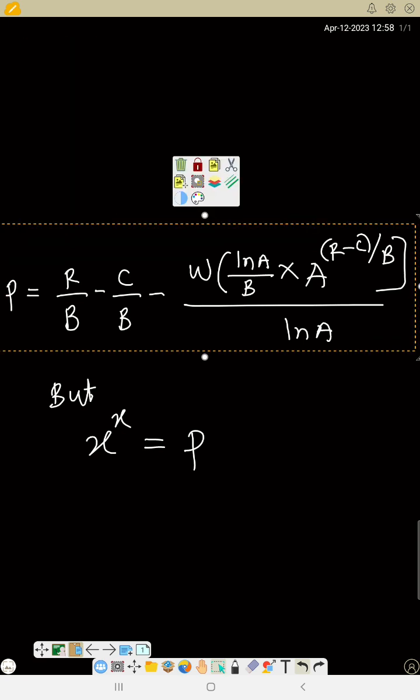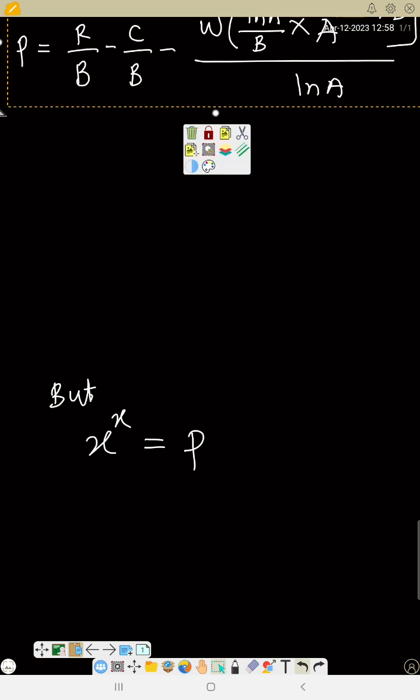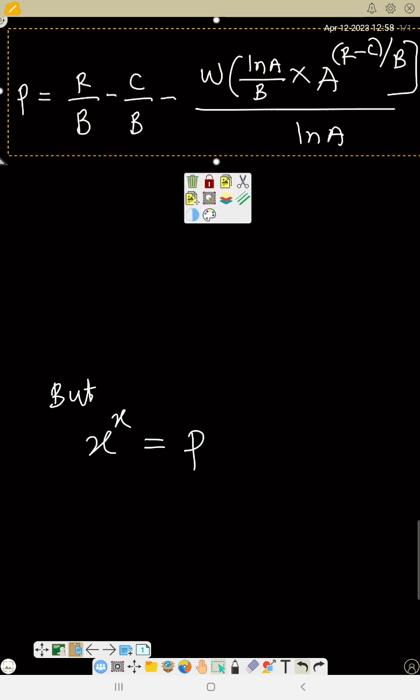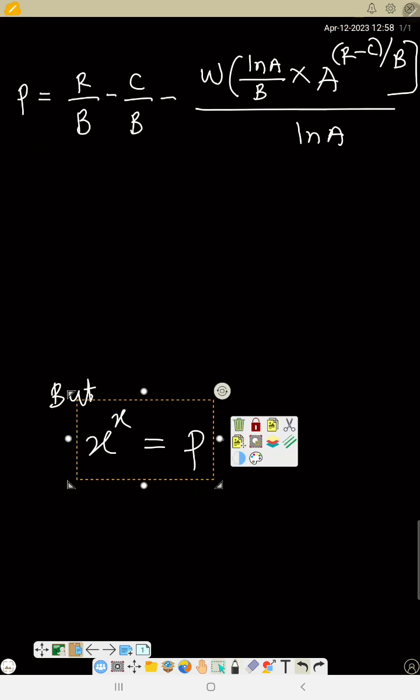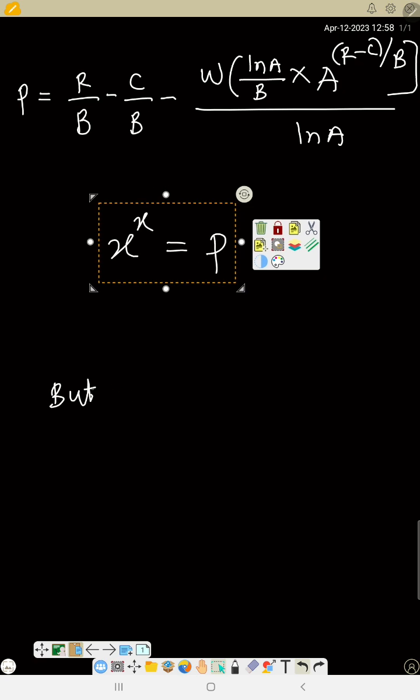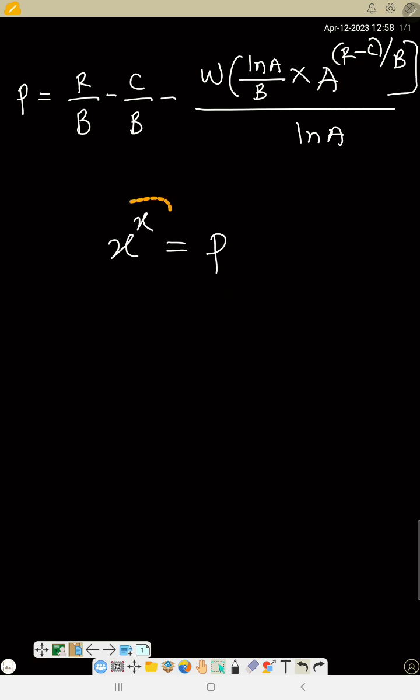We are going to record this p. But now we know that s raised to power s equals p from the beginning. That is, we represent s raised to power s to be p.